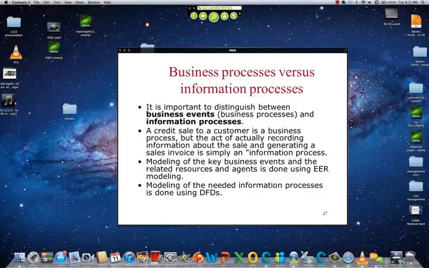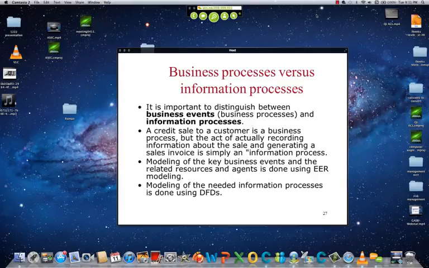For example, someone placed an order. This is a business event and it creates information. Something happened to the business, so new information is created.